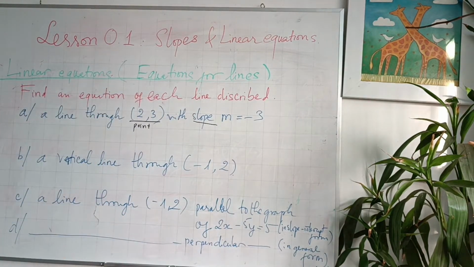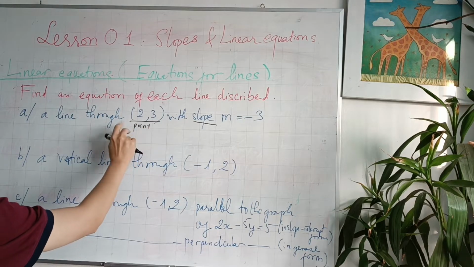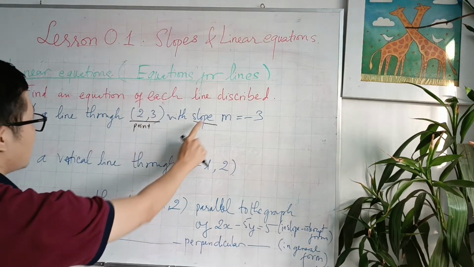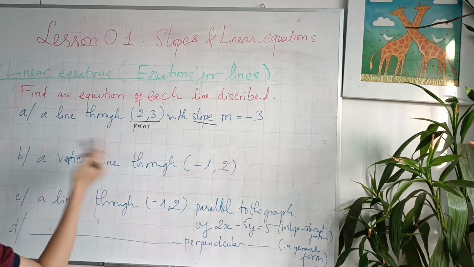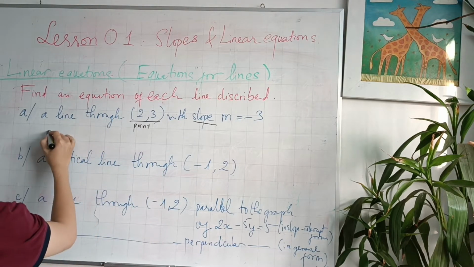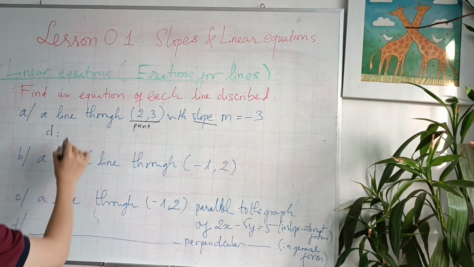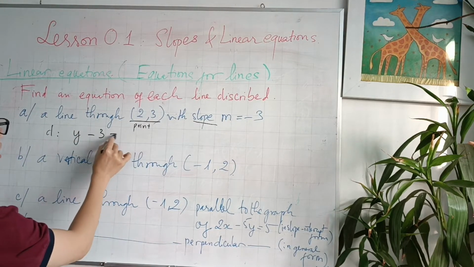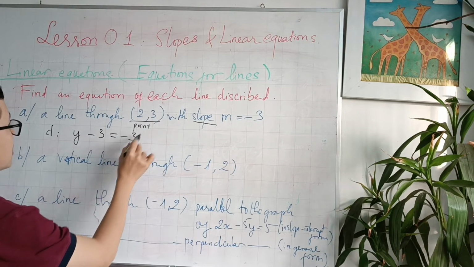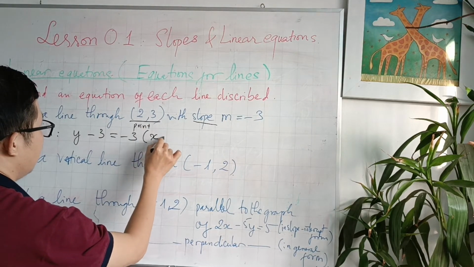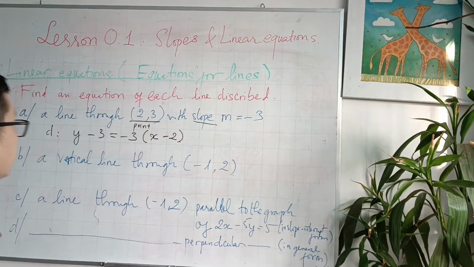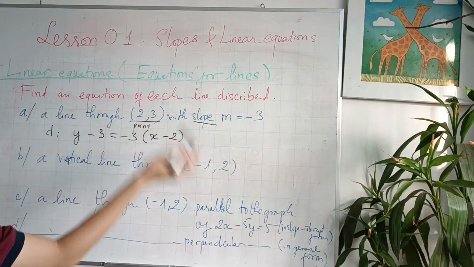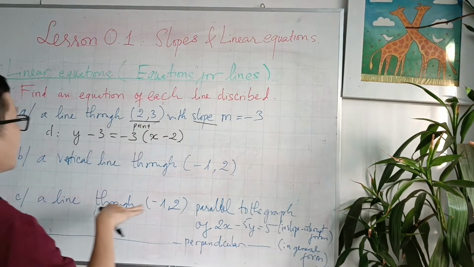We just apply our formula with the point (2, 3) and the slope m. You can write the linear equation: y minus 3 equals negative 3 times x minus 2. Okay.